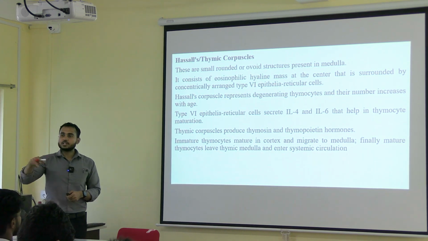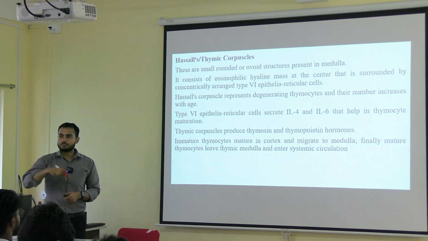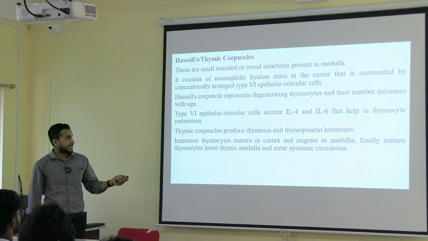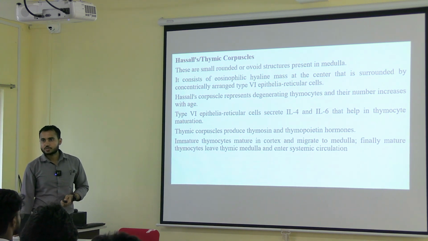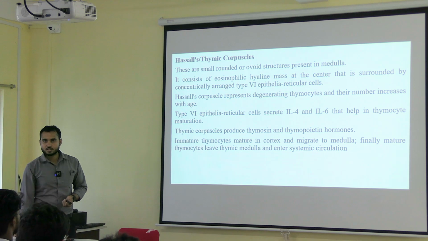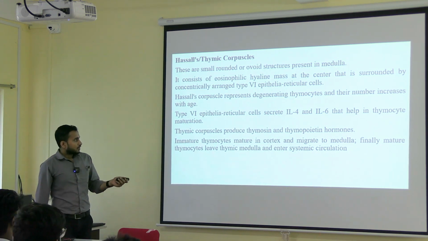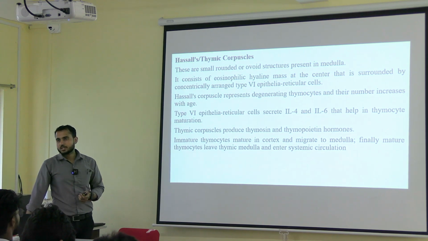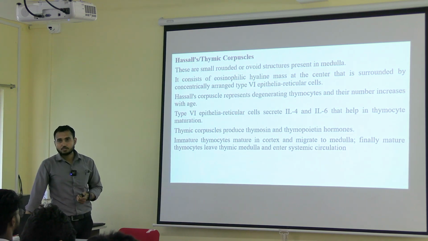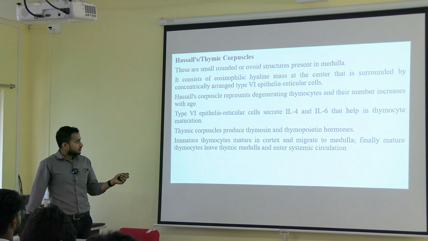These type 6 epithelio-reticular cells secrete IL-4 and IL-6. What is IL? Yes, interleukins, interleukin 4 and interleukin 6, which are signaling proteins for any kind of inflammation and infection in the body.